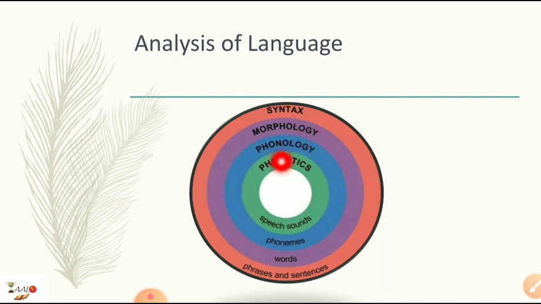Speech sounds combine to form phonemes, phonemes combine to form words, words combine to form phrases and sentences. So it is interrelated at various levels and is structured in specific ways. Now, when we learn about a language, we learn it at the level of the phonological component, that is at the level of the speech sounds and the phonemes.